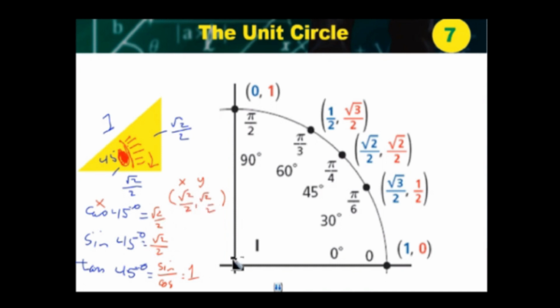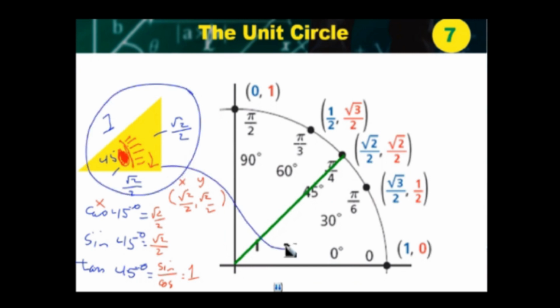Guess what? What do you think we're going to do? Copy, paste. I will take this 45, copy and paste it here. This is the 45. See that? This is the 45 triangle. Yeah, that's the 45 triangle.